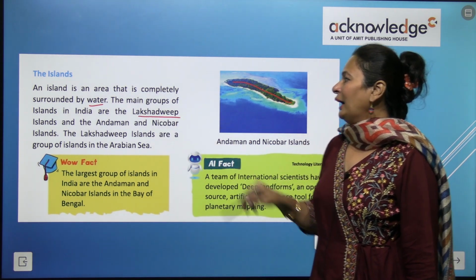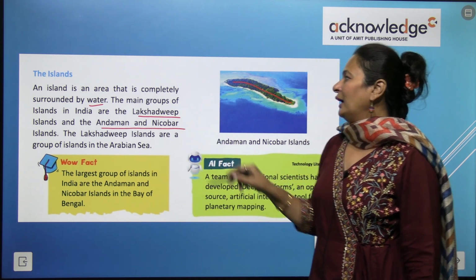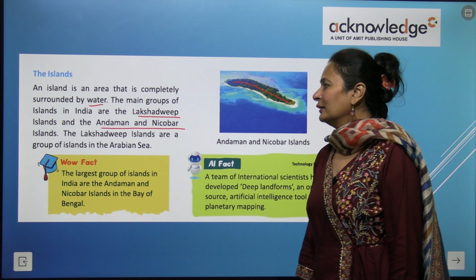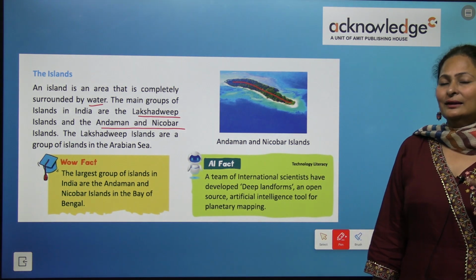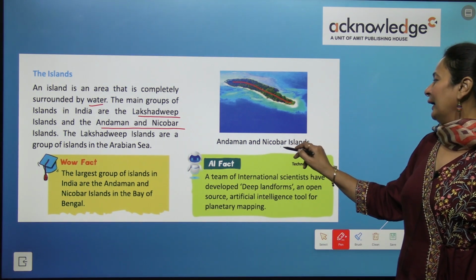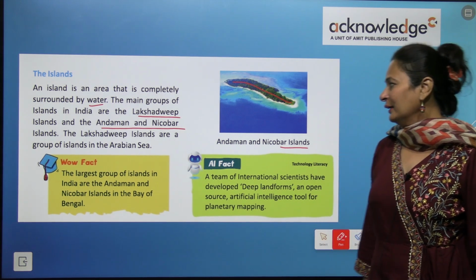The Lakshadweep Islands and the Andaman and Nicobar Islands are the groups of islands, right? The Lakshadweep Islands are a group of islands in the Arabian Sea and Andaman and Nicobar Islands are in the Bay of Bengal, right?